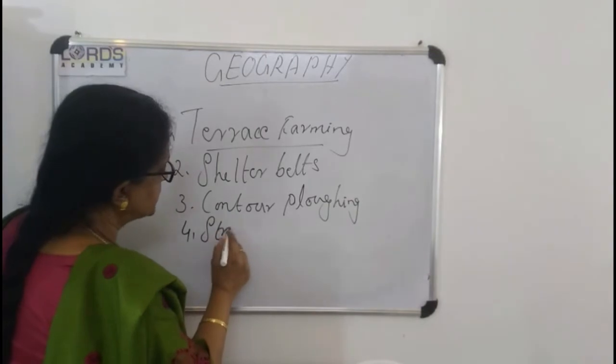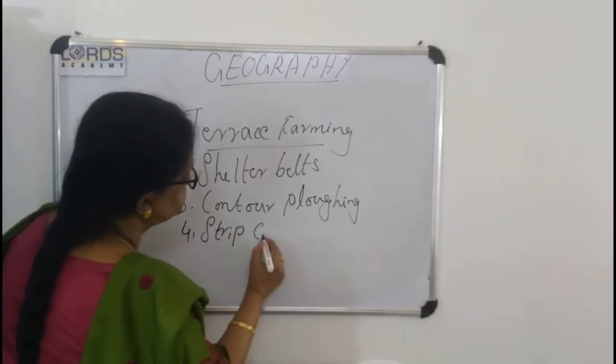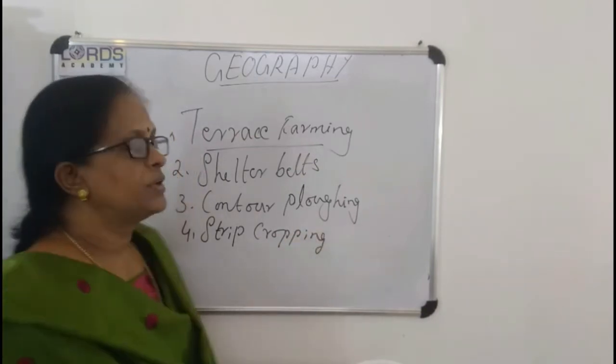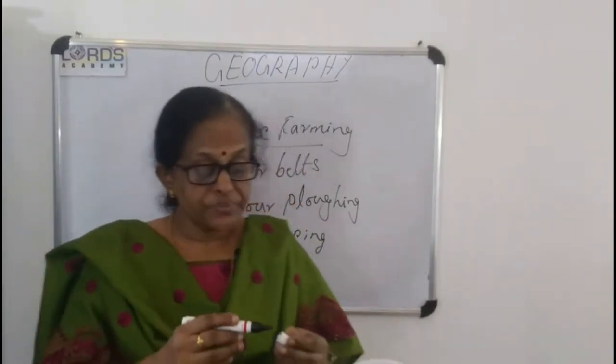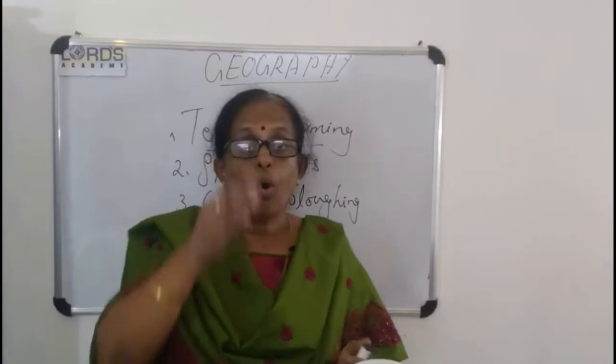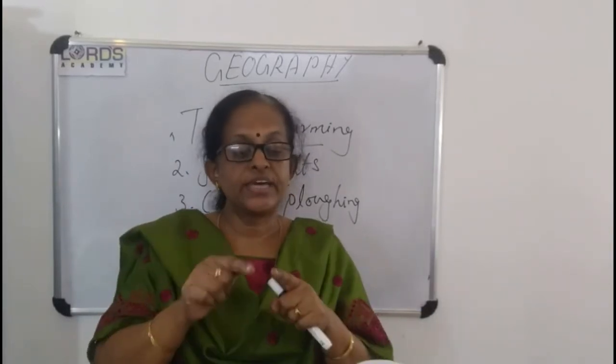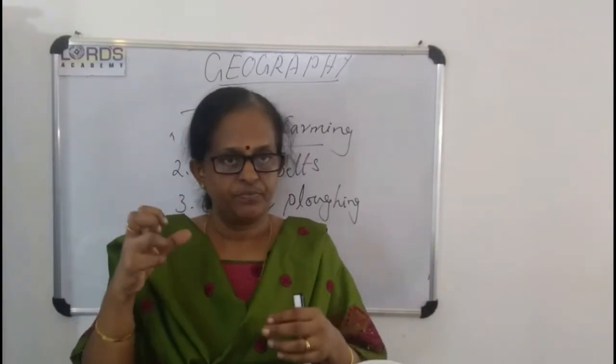Strip cropping. Okay, what do you mean by strip cropping? Crops are grown in alternate strips of land to check the impact of winds.